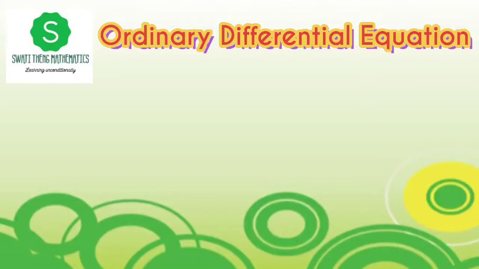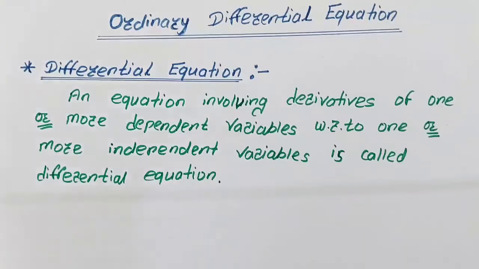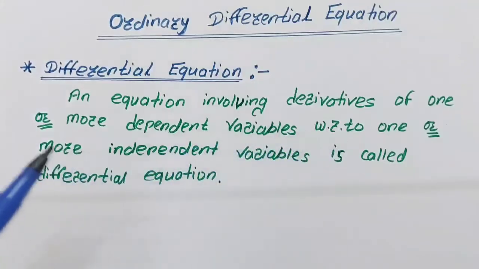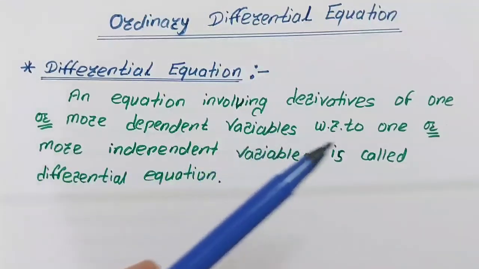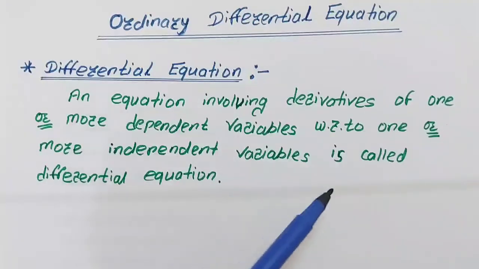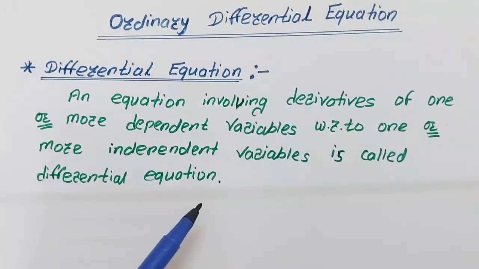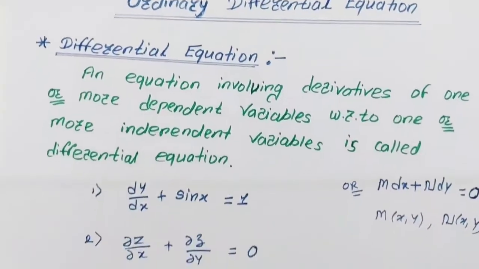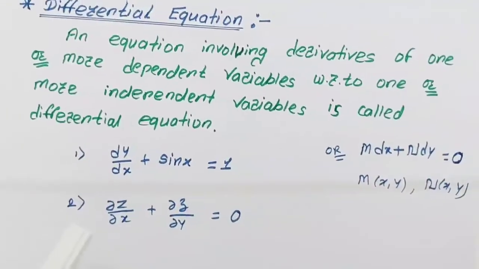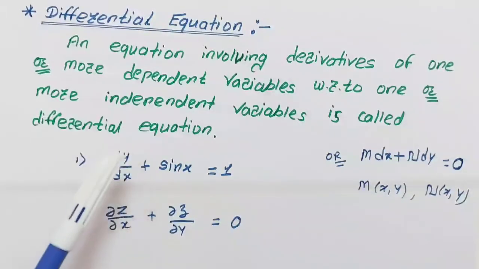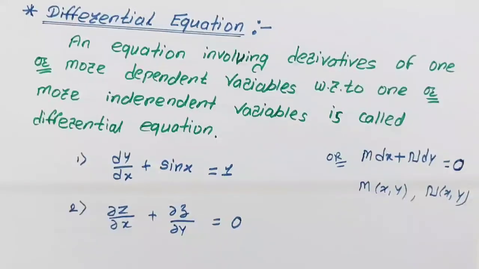What is a differential equation? The definition is: an equation involving the derivatives of one or more dependent variables with respect to one or more independent variables is called a differential equation. See here, I have written two examples. The first example contains the derivative of variable y with respect to x.